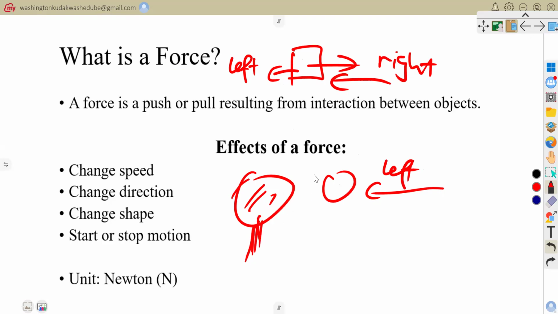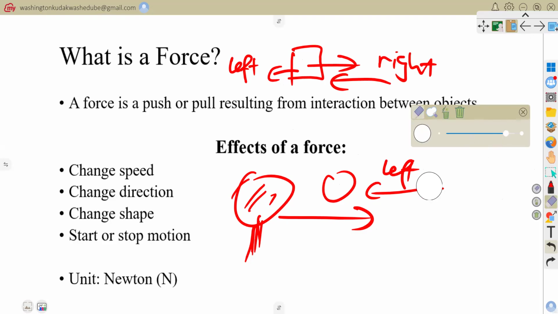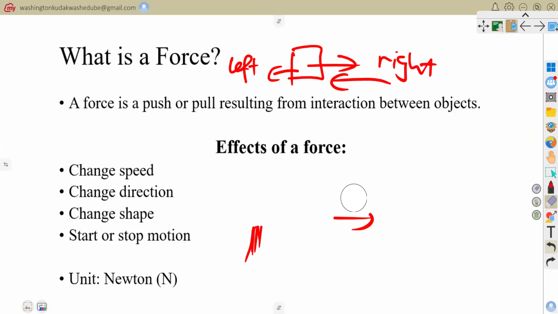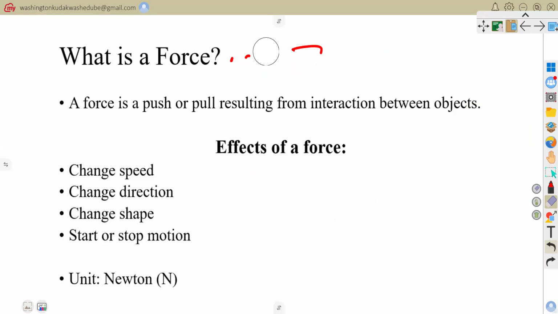That ball will change its direction and start moving to the right. So that is also another effect of a force. A force can increase the speed of an object, or else change the direction of the object.